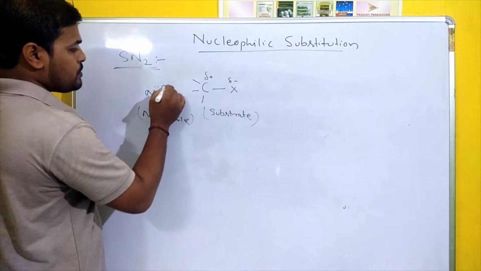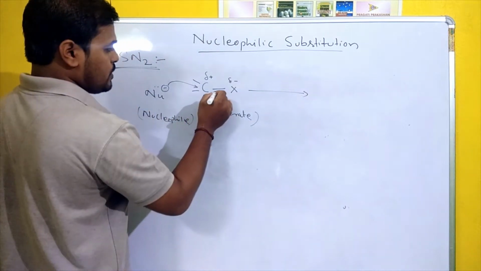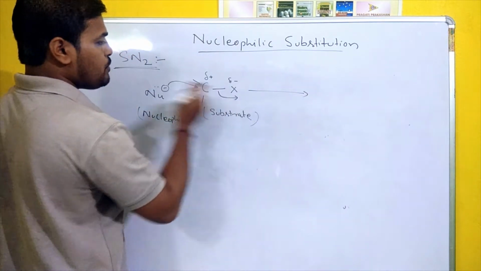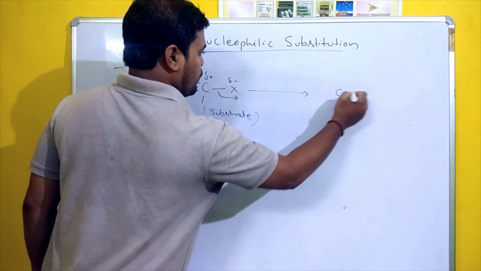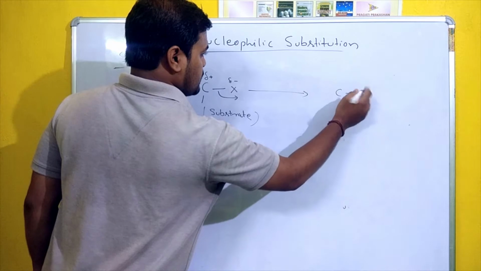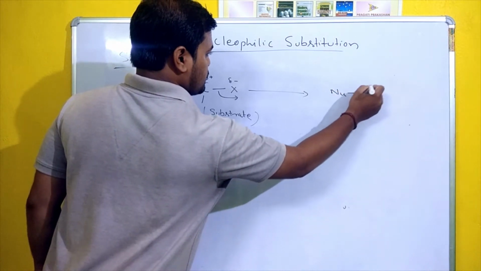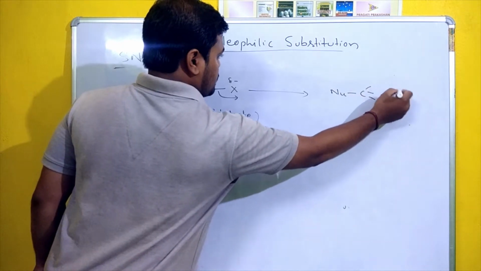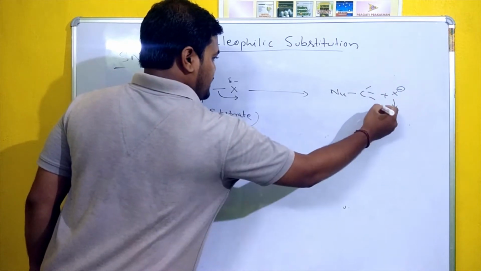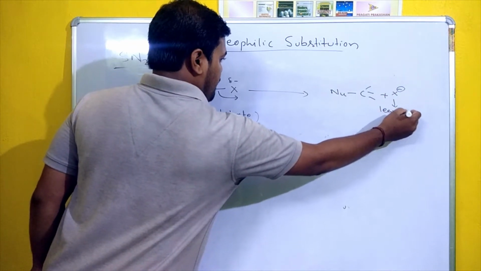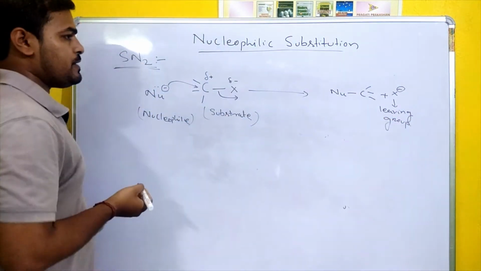When the nucleophile comes to the carbon, the carbon-halogen bond breaks down, so that the compound is formed like this, and here X minus is called the leaving group.